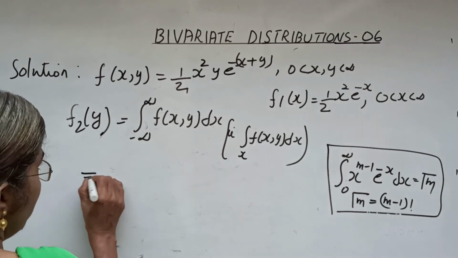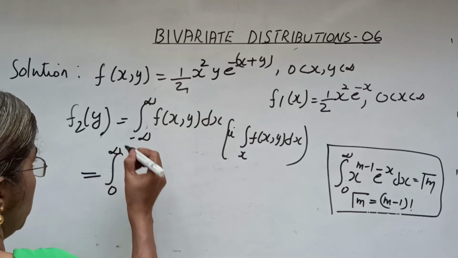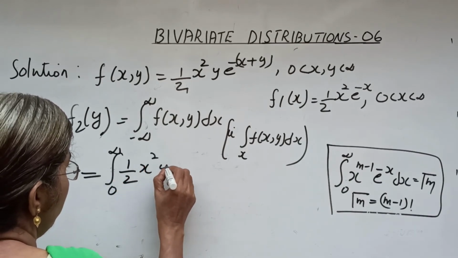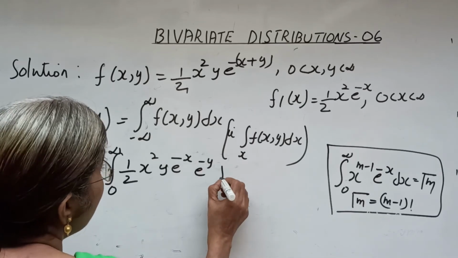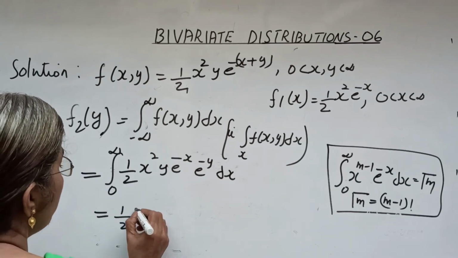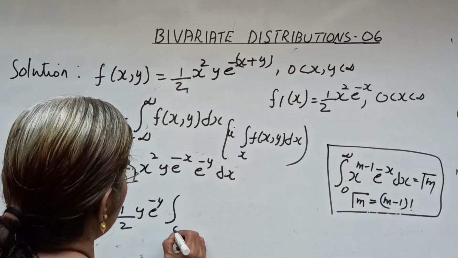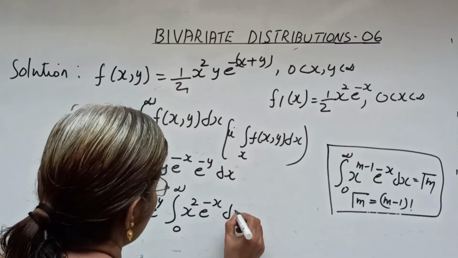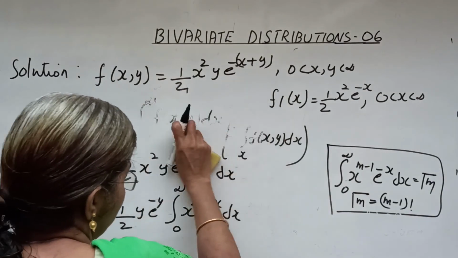So simply, it is the integral over x, where for x the limit is 0 to infinity, of f of xy, which is 1 by 2 x square y e raised to minus x into e raised to minus y dx. So this is 1 by 2 y e raised to minus y, which can be taken out, into the integral from 0 to infinity of x square e raised to minus x dx.